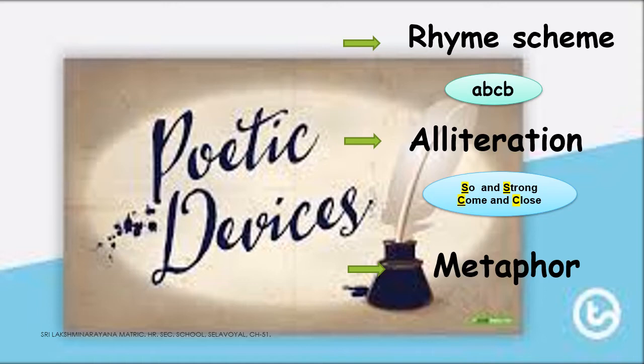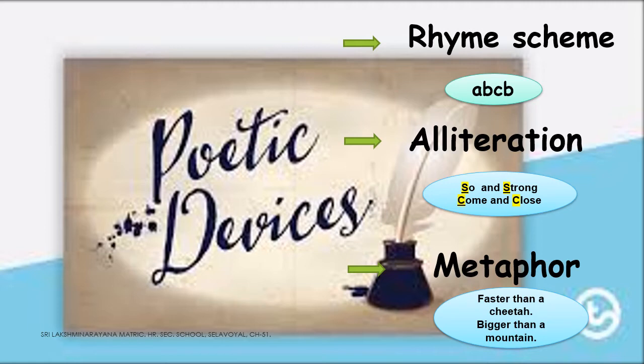When we use as or like to compare things, it becomes a simile. In this poem, the metaphors used are faster than a cheetah, where the comet is compared to a cheetah, and bigger than a mountain.